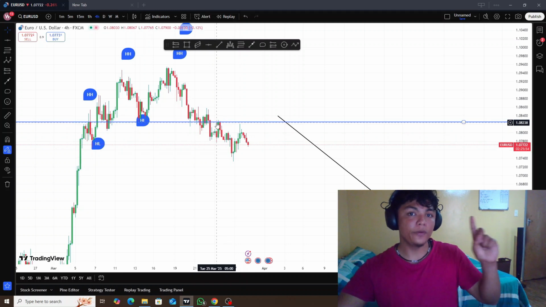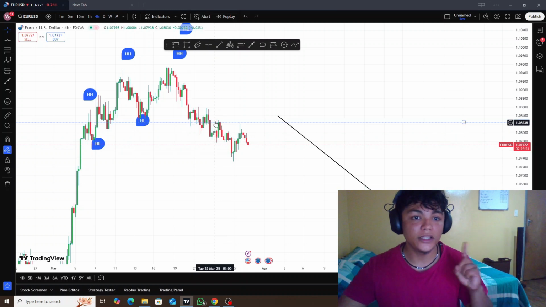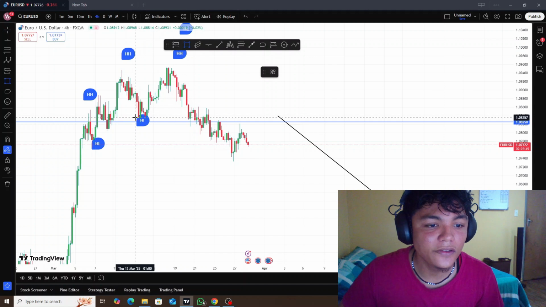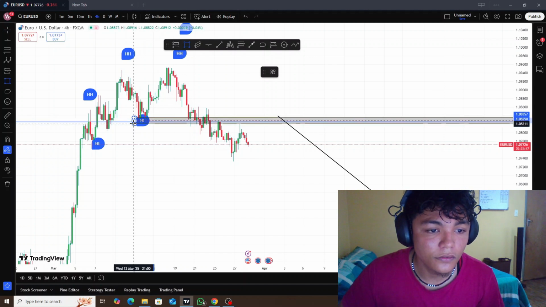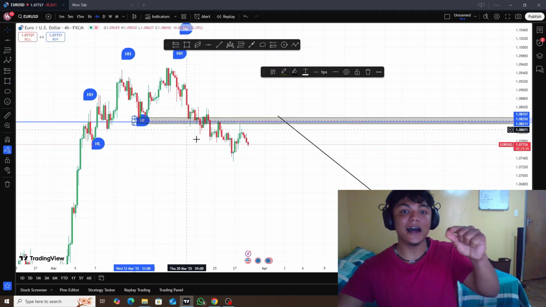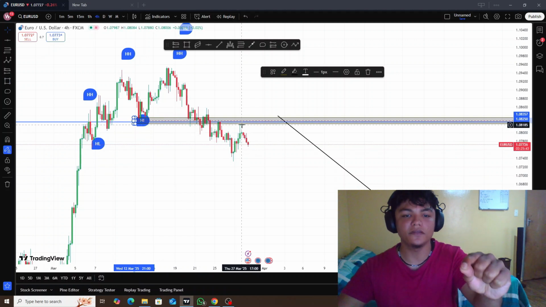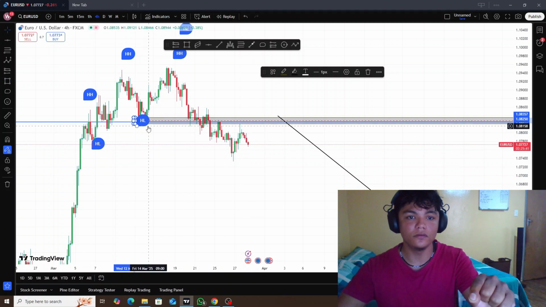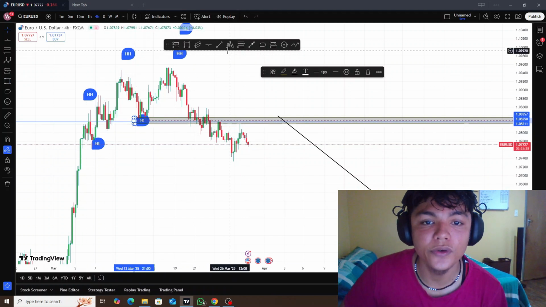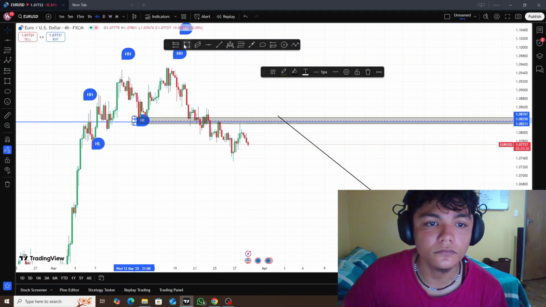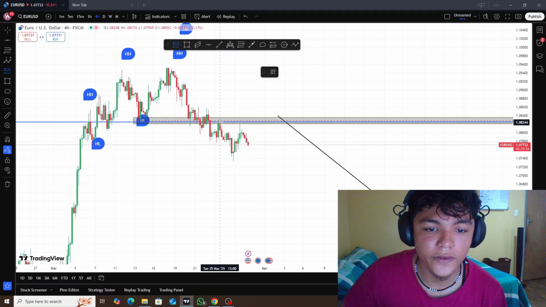So if you remember, like 5 minutes ago, what did I tell you? The market needs to break the higher low. Once it breaks the higher low, it needs to retest the higher low, and then you can put in a trade right over on this side, right over here.